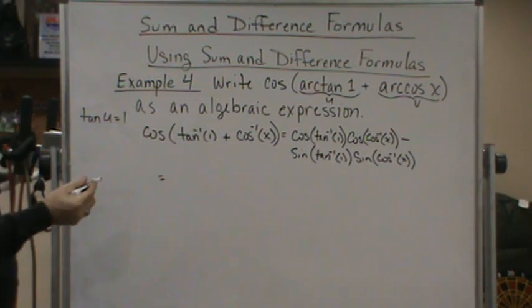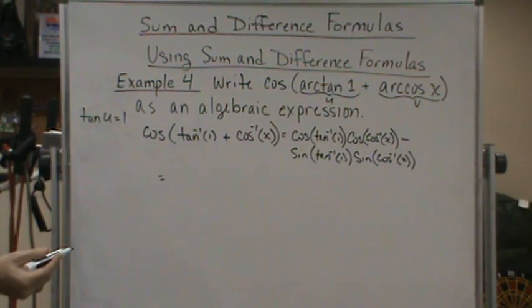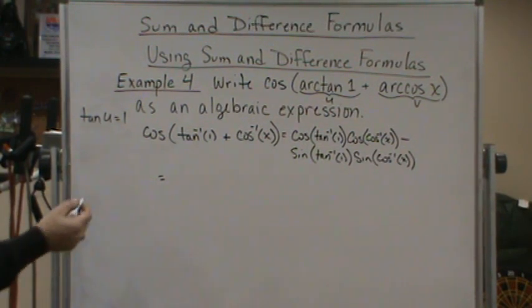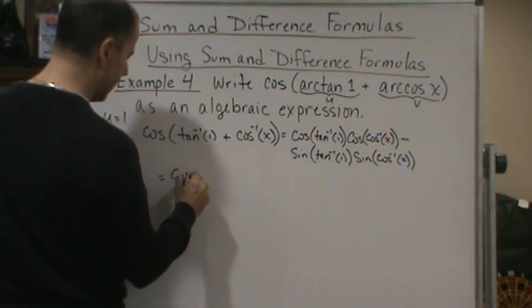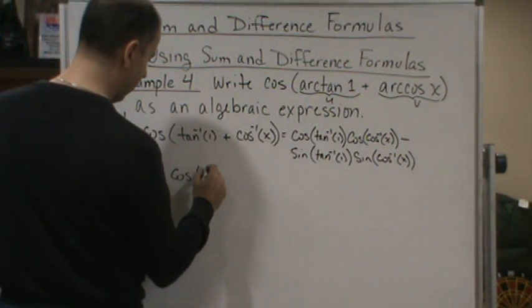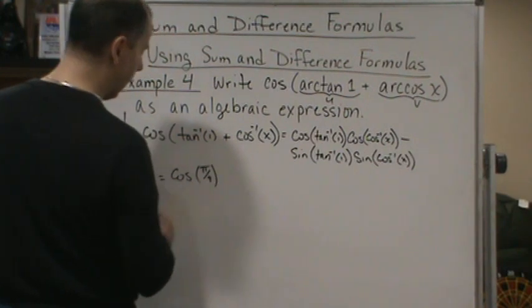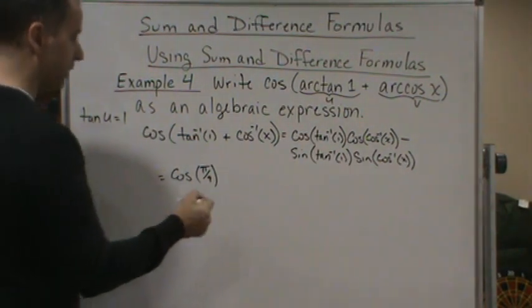And that's going to be pi over 4. So I could add a step here and just say, okay, then I must be taking cosine of pi over 4.